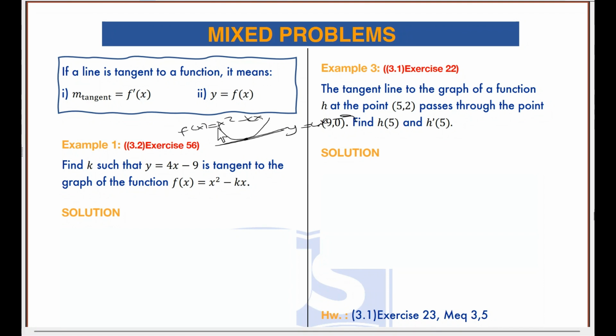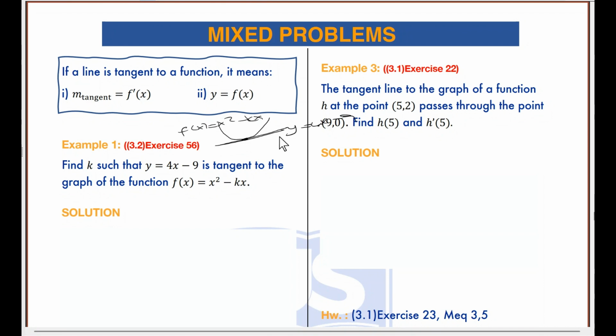If we know that we have a tangent line for a function, we know that they are equal to each other at one point. There's a point of intersection, right? If two functions touch each other at one point, they are equal to each other at that point.